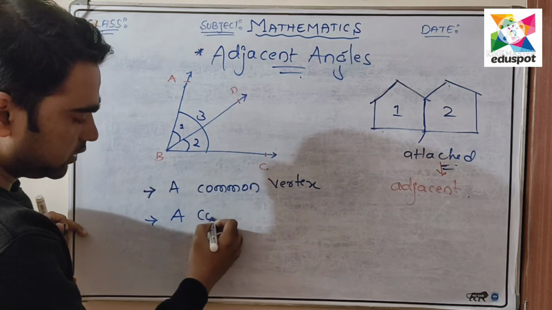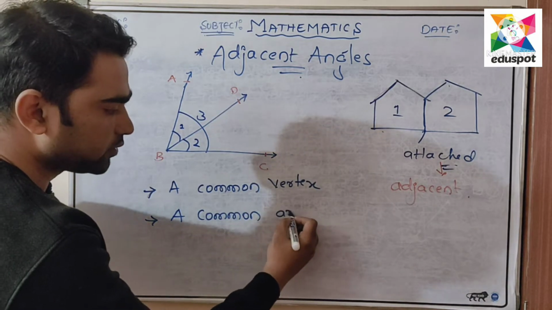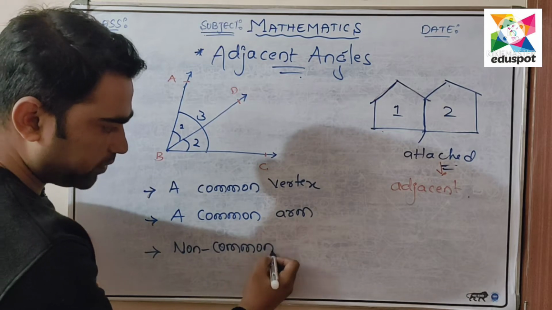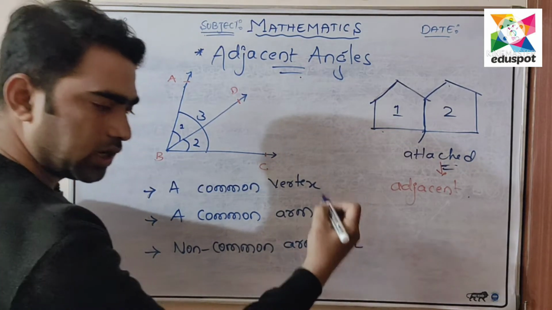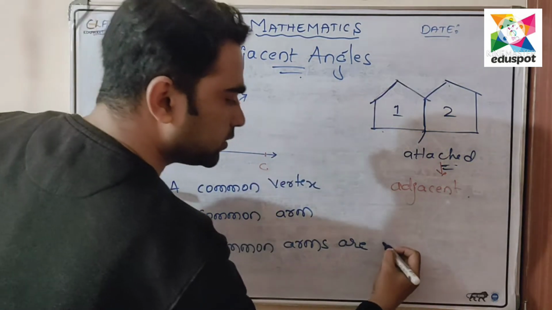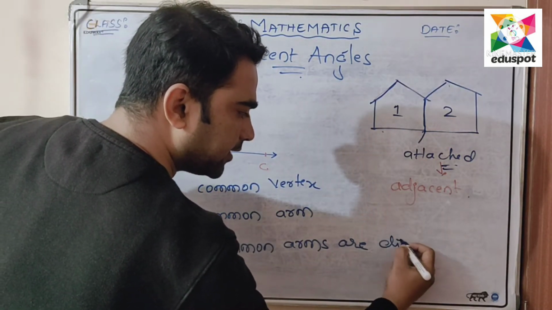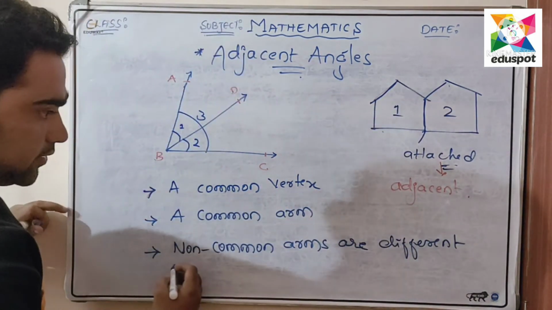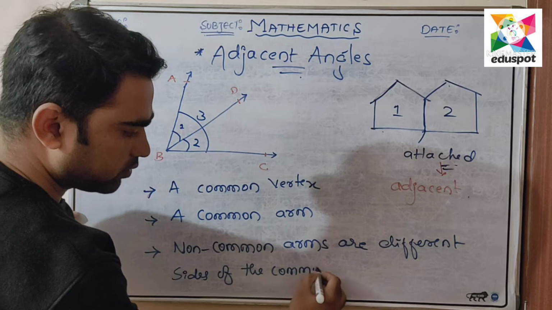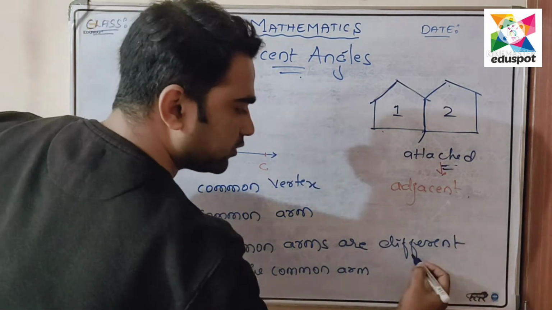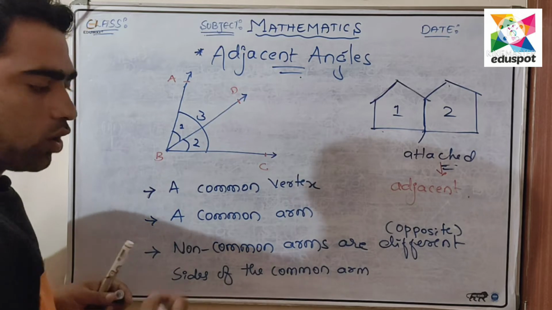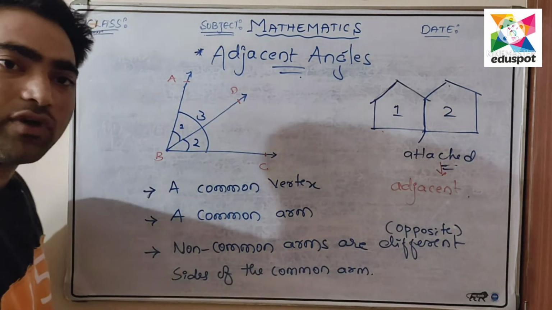The second, they have a common arm, and next, the non-common arms are on different sides of the common arm, or you can say opposite sides of the common arm. These three conditions are very important, dear students.